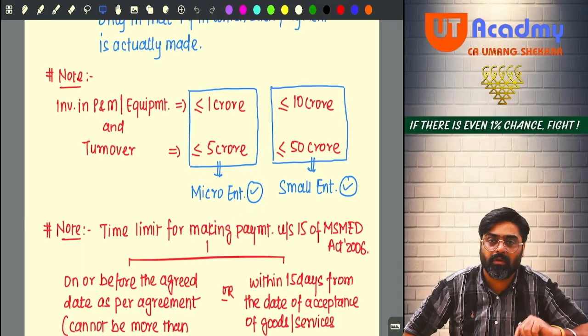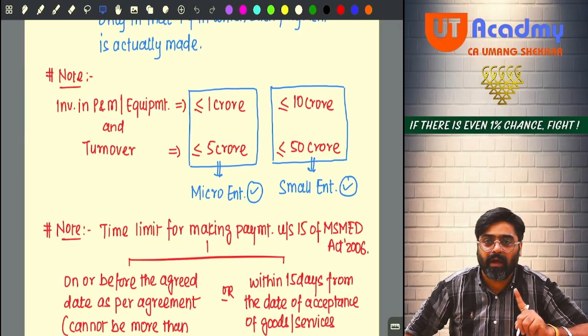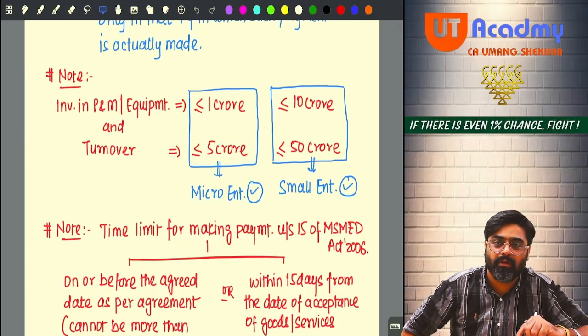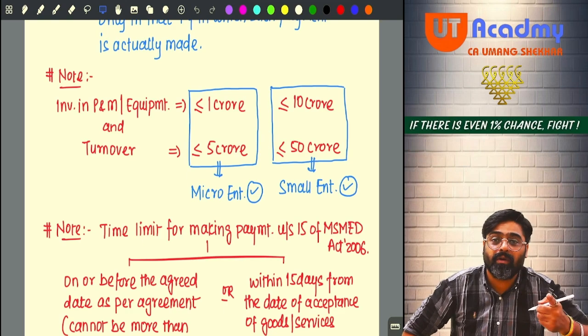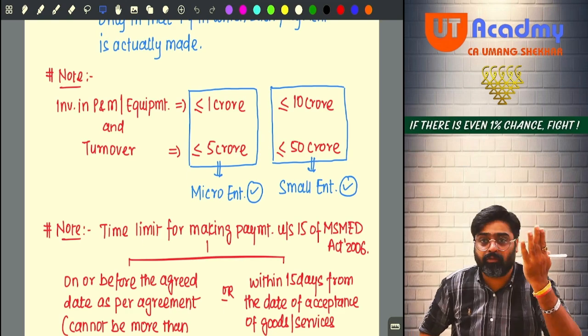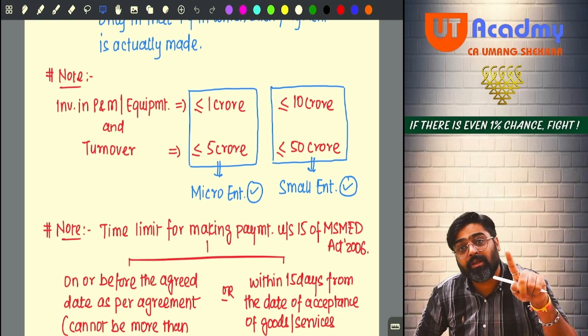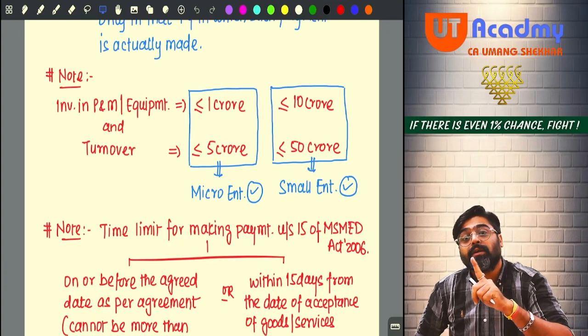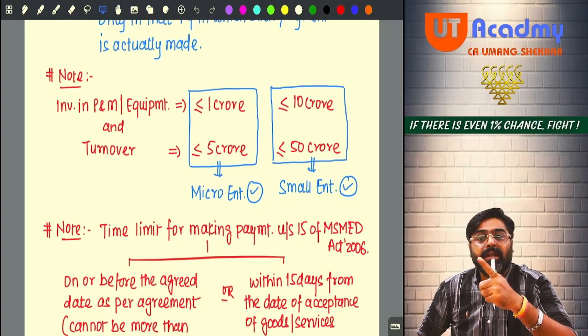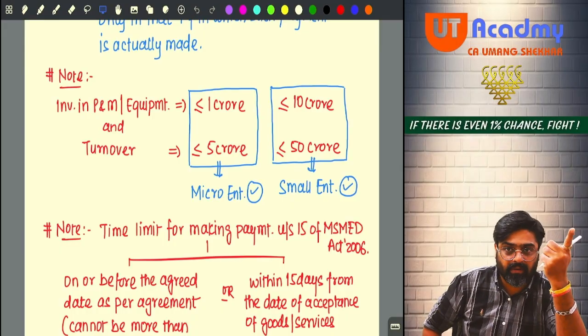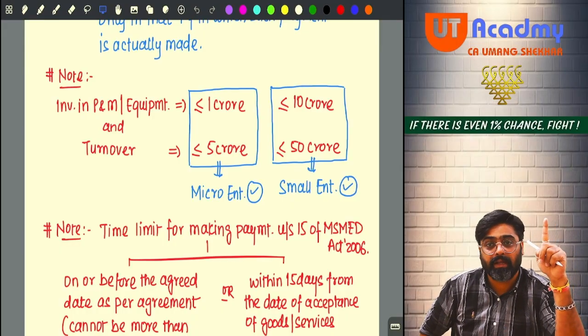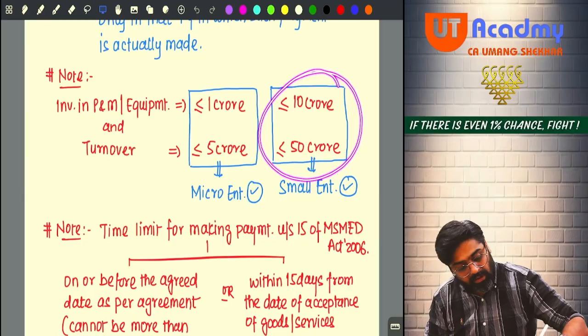Put 10 after 1, after 5, put 50. If the turnover exceeds 5 but does not exceed 50, as well as the investment in plant and machinery exceeds 1 but does not exceed 10 crores, then that enterprise is known as a small enterprise.